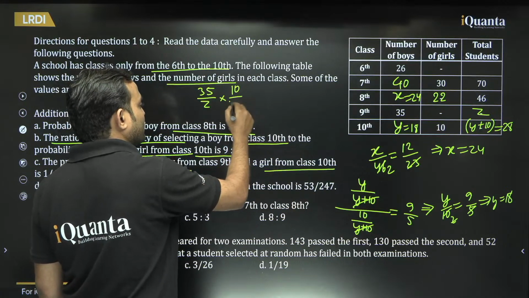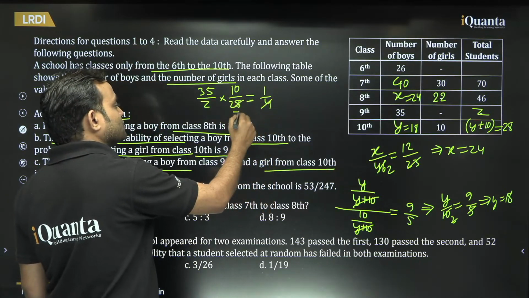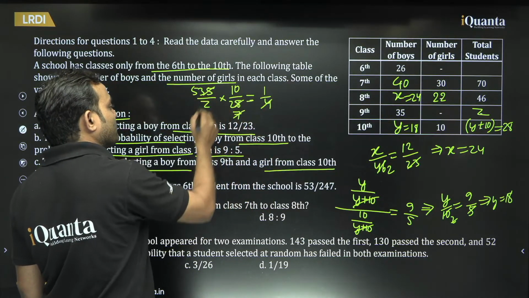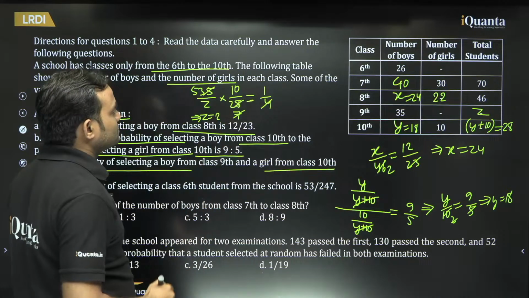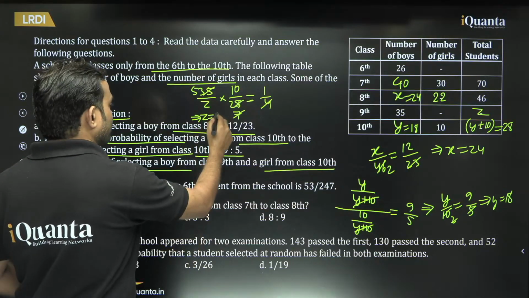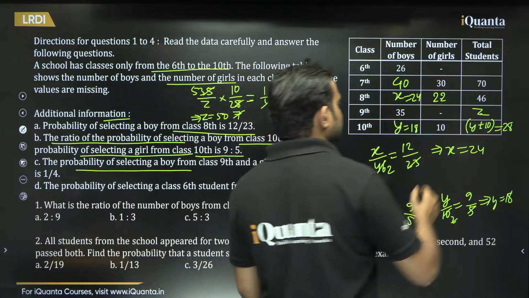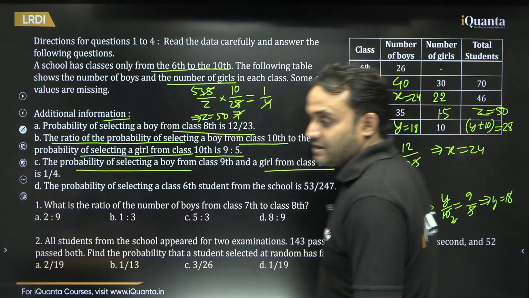This is equal to 1 by 4. 4 into 7, 28, 7 into 5. Or we can say z is equal to 50, right? So from there, we got number of students in class 9th. If this is 50, this will be 15.